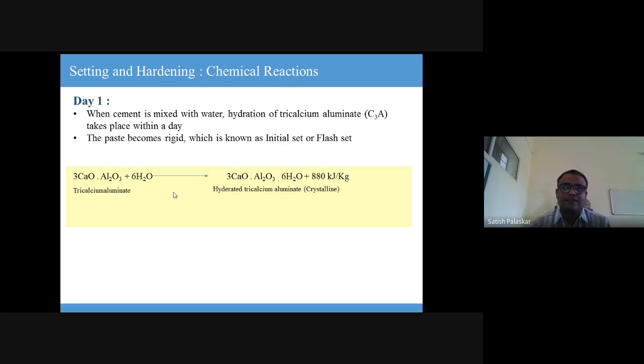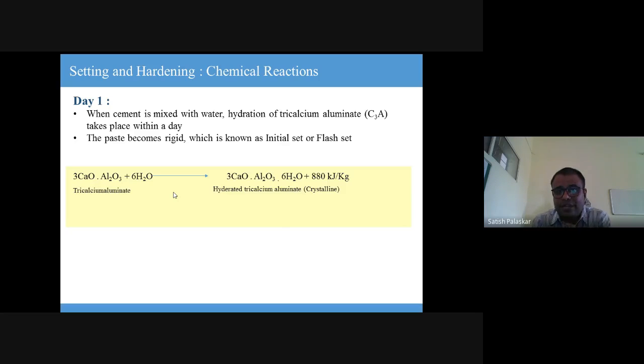Now students, simply when we add water to the cement, if we take 2 or 3 kg of cement in a bucket and add 2 or 3 liters of water, you will see that some amount of heat is released from that.